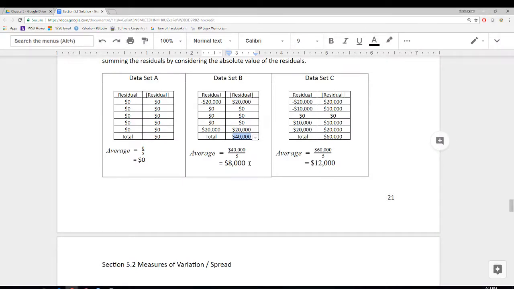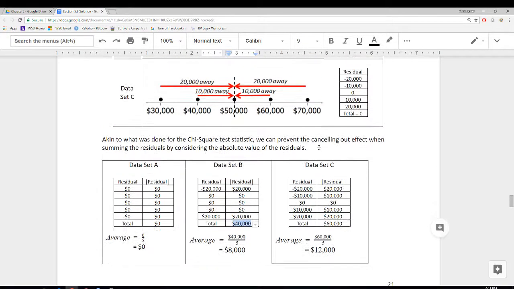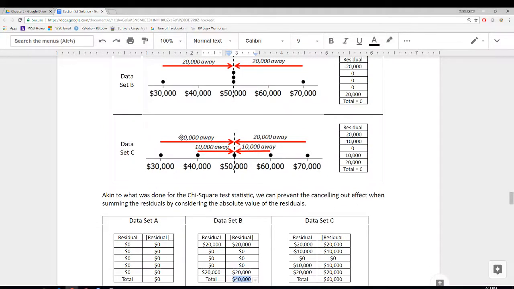Now with data set C, if we do that same thing, I'm going to have the negative residual here at negative 20,000, but I'm taking the absolute value of that, so that's positive 20,000. So I'm going to have 20,000 plus 10,000 plus 10,000 plus 20,000 plus that point at 0, which didn't have any.